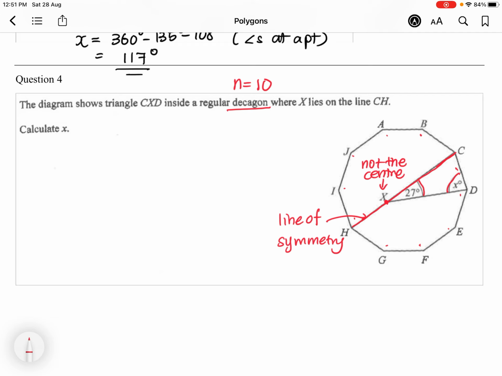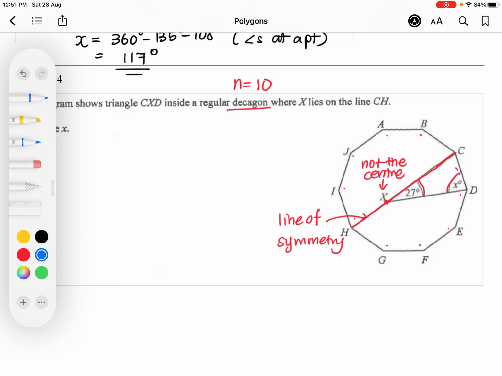Okay, they want me to calculate x. If I want to calculate x, and I have the angle 27, I probably need the angle XCD over here. But what do I know? I know that this CH is a line of symmetry, so it actually cuts the interior angle BCD into two equal parts.